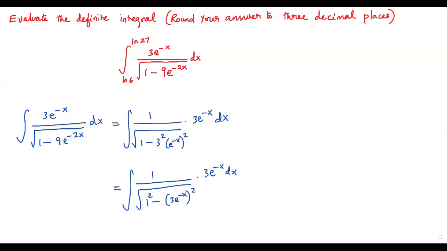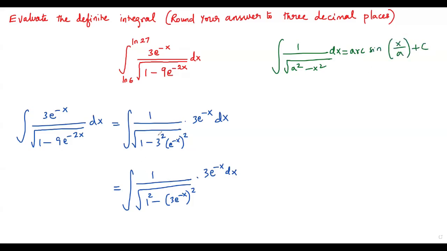There is a reason. Let me consider the formula in integration, that is integral 1 over square root of a square negative x square times dx. Whenever we have a function in this form, 1 over square root of a square negative x square, and if I want to integrate this function, the result is arc sine x over a positive c.